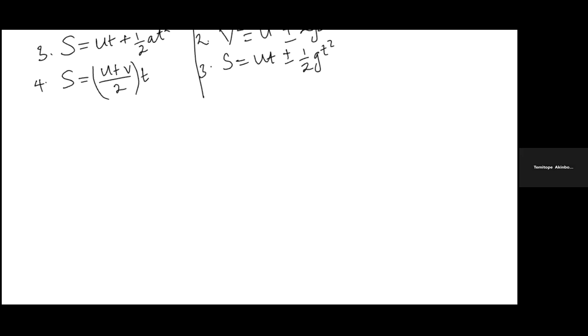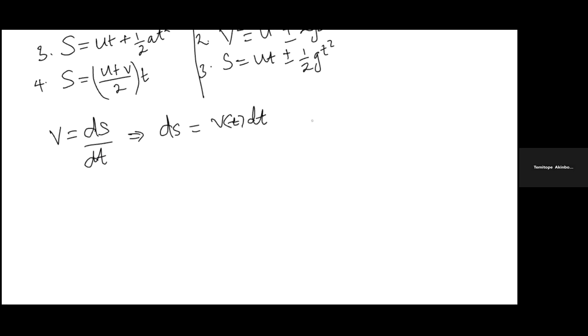If it is velocity, it is the rate of change of displacement with respect to time. So V equals ds/dt, and this implies that ds equals v(t) dt.